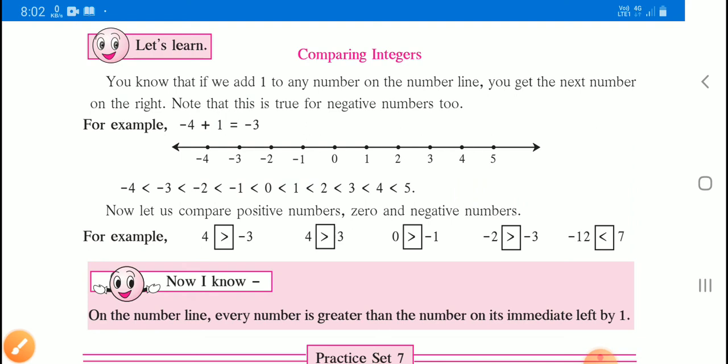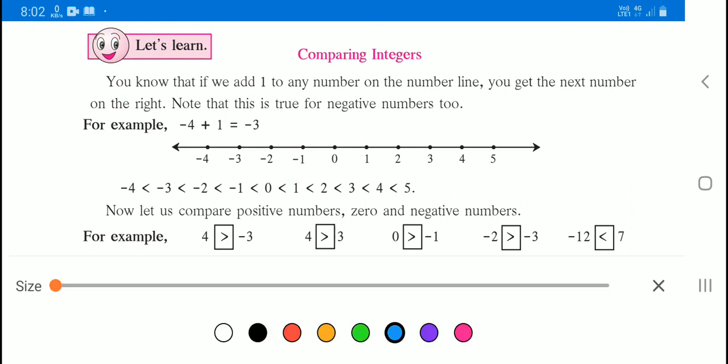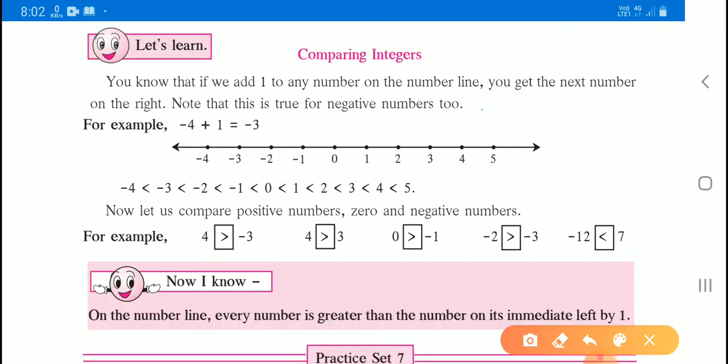Now we will see other numbers. Suppose I take negative 1 and positive 3. Which number is greater here? Positive 3, because a positive number is greater than a negative number.